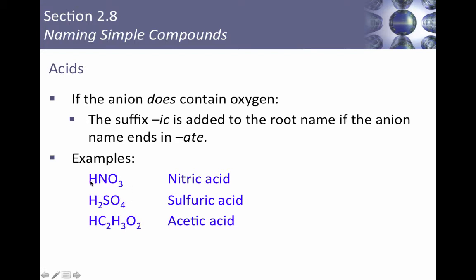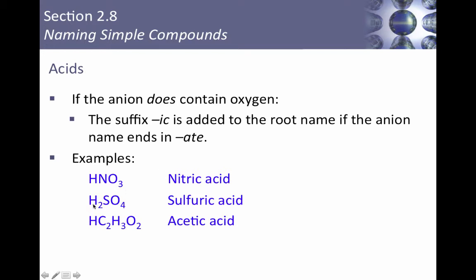So if I look at HNO3, so again, if it's going to have oxygen, these are all going to have polyatomic ions in them. So HNO3, so I have NO3, I have to think, okay, what was the name of this polyatomic ion? Well, NO3 is nitrate. So I'm going to take off the ate ending, add ic, and I get nitric acid.